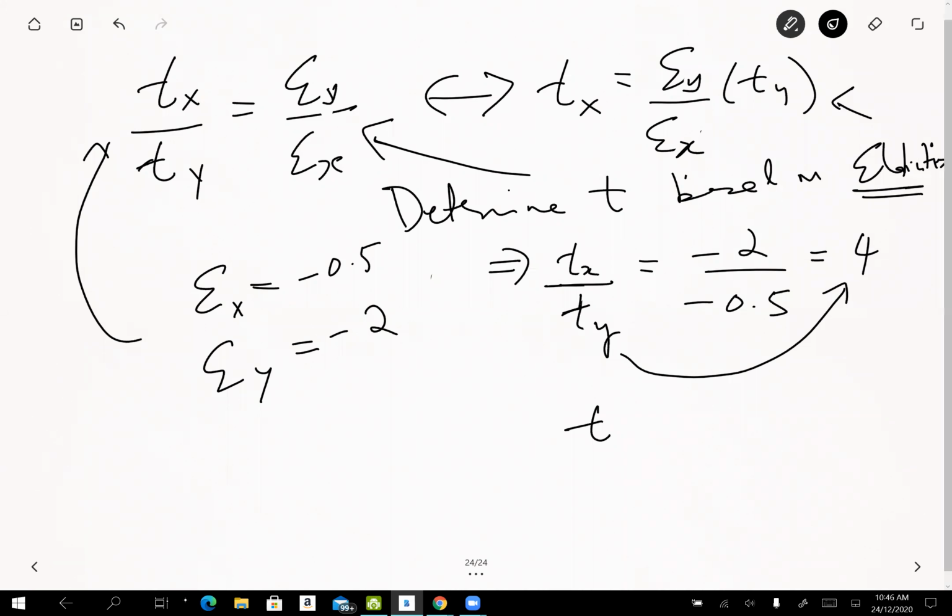So you got Tx equal to 4. You bring the Ty, Tx to the other side, so you have Ty equal to 4 multiplied by Tx. Probably you can see this better. If the ratio of the elasticities of Y to the elasticity of X is equal to 4.